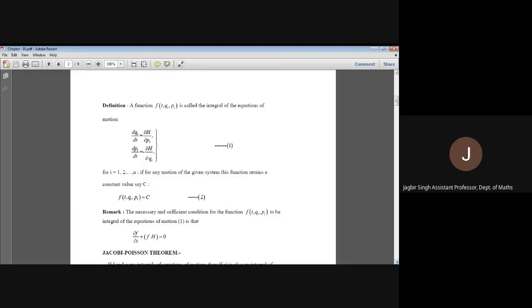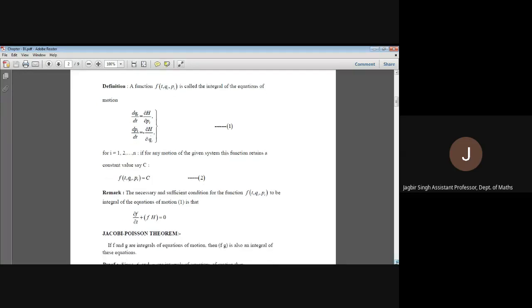And now the remark is that the necessary and sufficient condition for a function f(t, qi, pi) to be an integral of the equations is that ∂f/∂t plus the Poisson bracket [f, H] should be 0. H is the Hamiltonian function. So f is an integral of equations 1 if ∂f/∂t plus [f, H] is equal to 0.